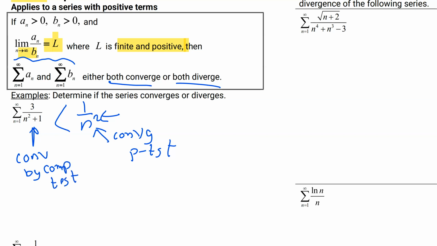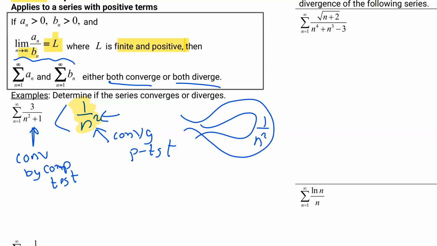There's no need to do the limit comparison test because we knew that this piece on the right is larger and it converges. So again, I'm thinking about those two balloons. This 1 over n squared is the bigger balloon. It converges. Therefore, the smaller balloon has to converge, right? That's what the comparison test says.